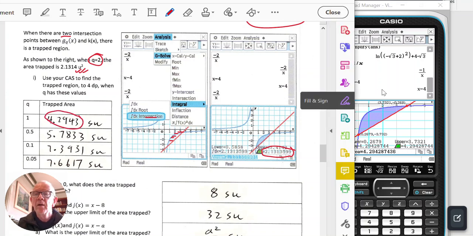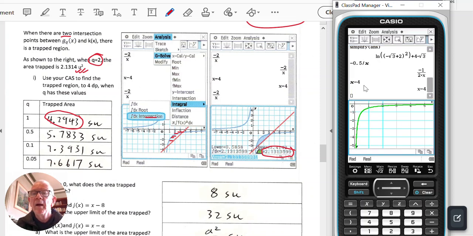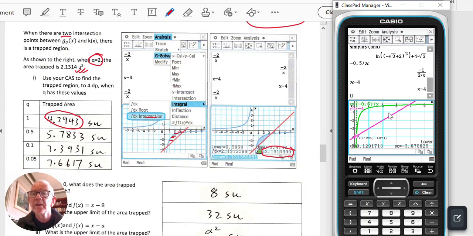4.2943. Okay, so now I'm going to change that to 0.5, and that's for x minus 4. Analysis, G-solve, integral, intersection, accept the first one, move across, accept the second one. That's an area of 5.7833.